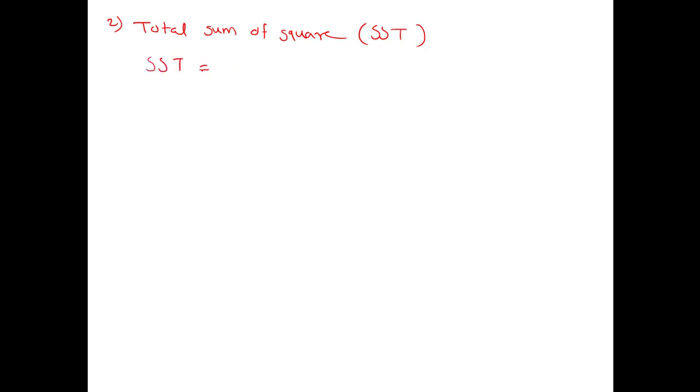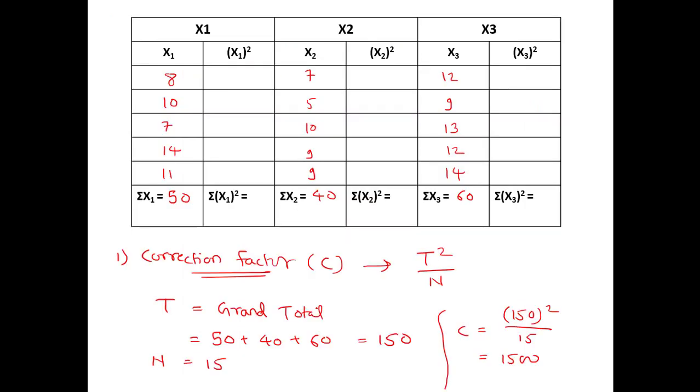The formula for this SST is equal to summation of x1 square plus summation of x2 square plus summation of x3 square minus correction factor, which is T square by N. So summation of x1 square, x2 square and x3 square means we have to do the square of each element and we have to add that.